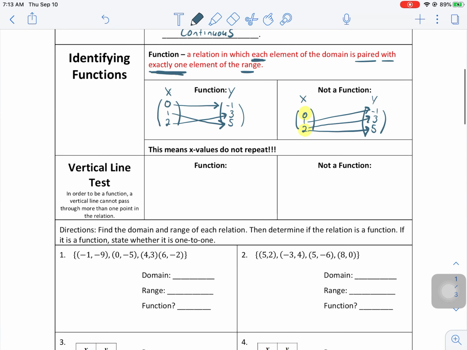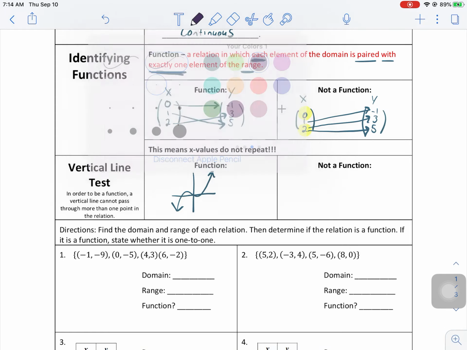Okay? So, vertical line test. This means that x values do not repeat. For something that is a function, we would have something that looks like this. If we draw a little graph with a curve going through it like this, as you can see, if we drew vertical lines anywhere in this graph, it would never pass the graph more than one time.